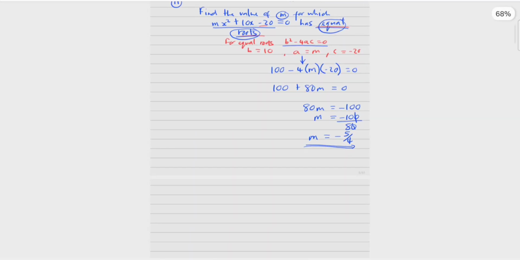Right, so from here, the last thing that we need to cover under quadratics for AS level is a concept known as disguised quadratics, right?